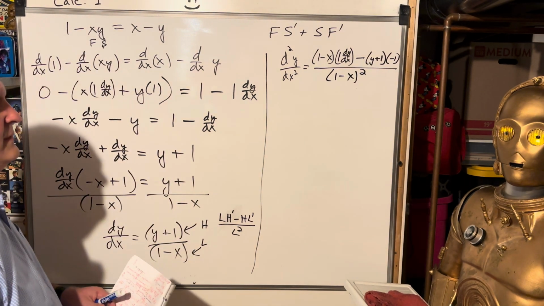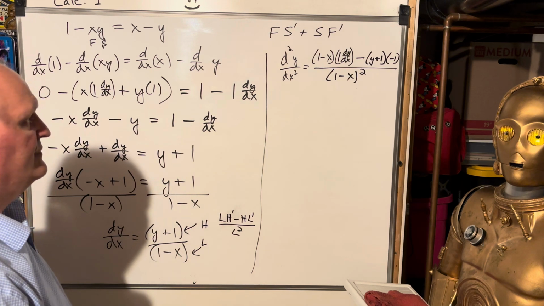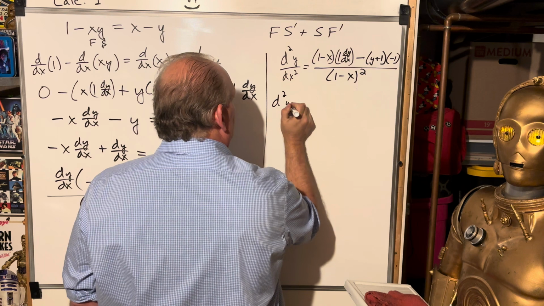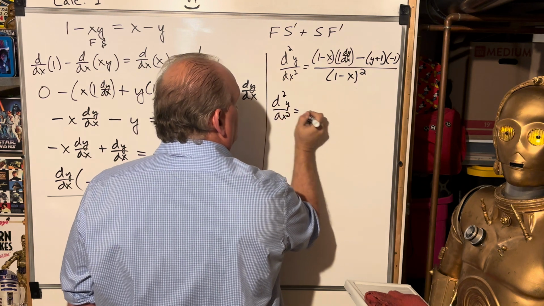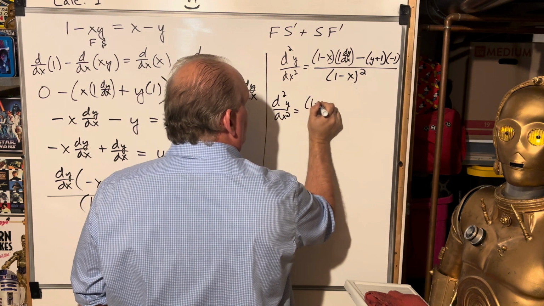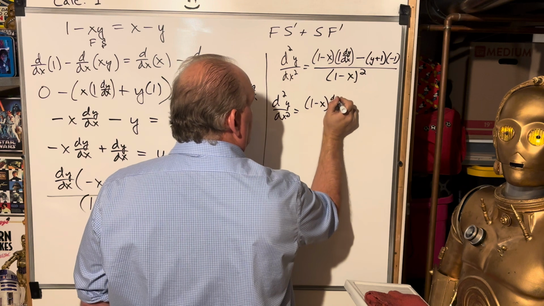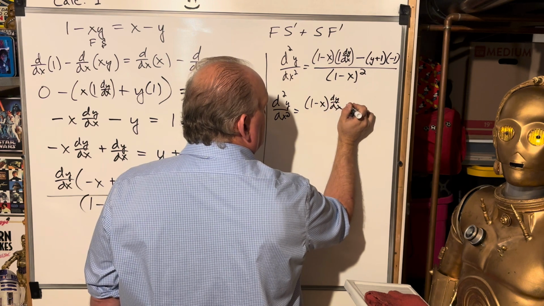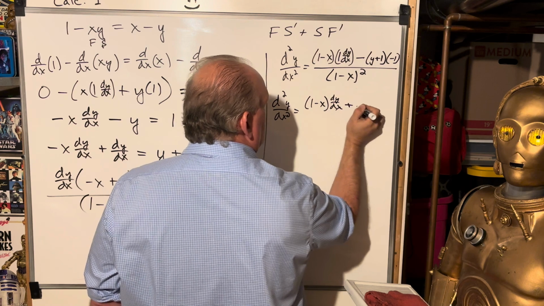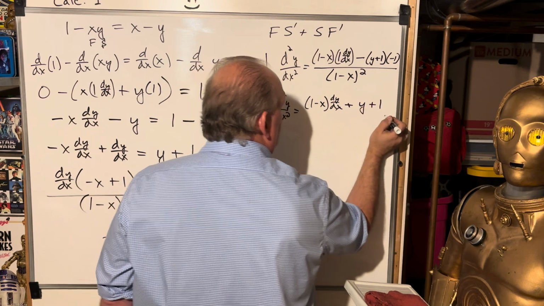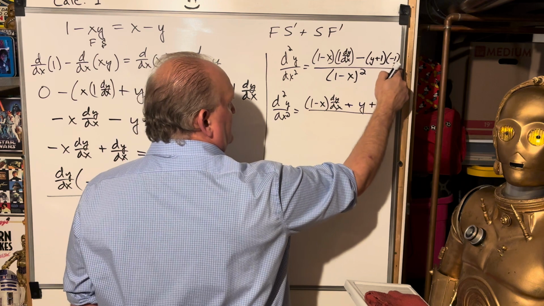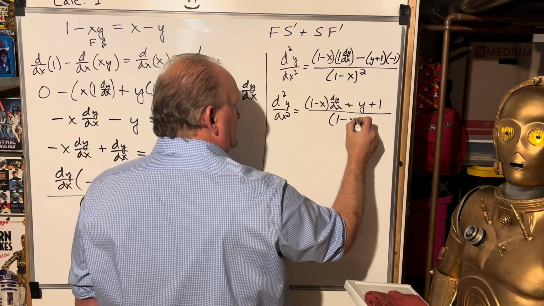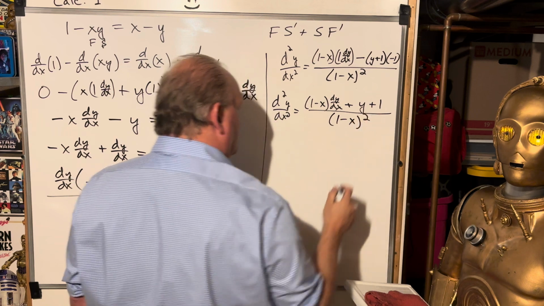Okay, and then just let's see what we got. d2y/dx2. We got 1 minus x times dy/dx plus y plus 1 over, because right, that times that is plus, over 1 minus x quantity squared.